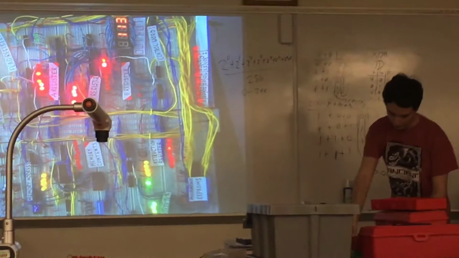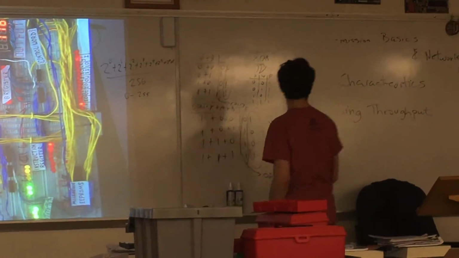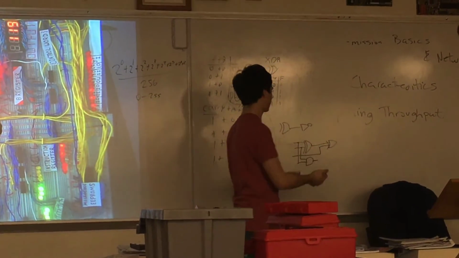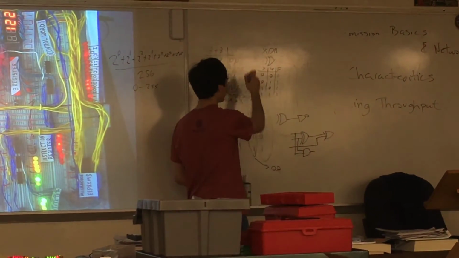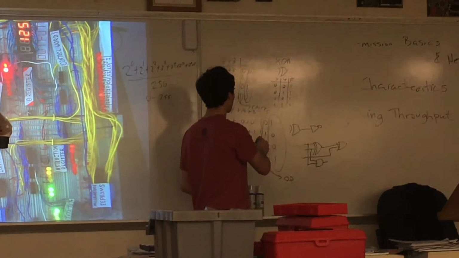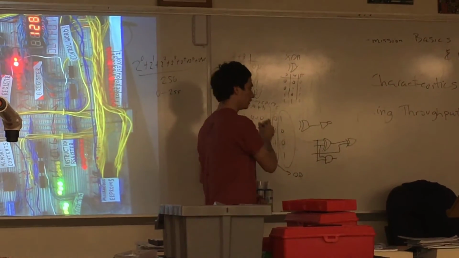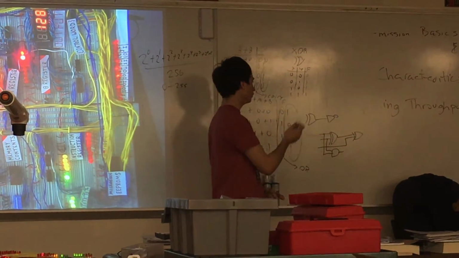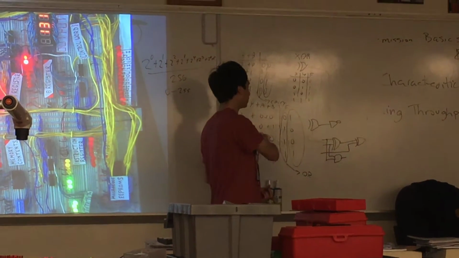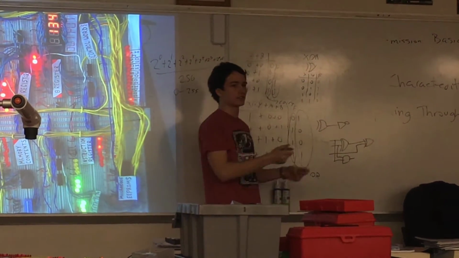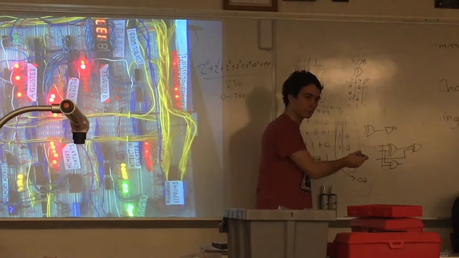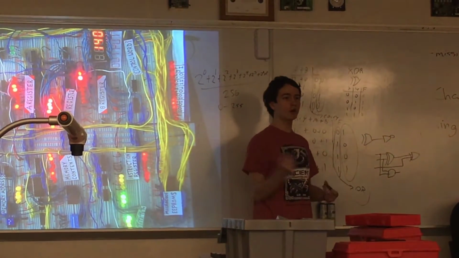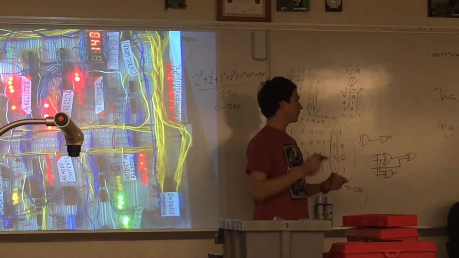I want to first finish, well actually I don't think I even have to finish this. This is not the full adder circuit. But this is something that I wanted to tell you. Like I said, logic gates can do Boolean algebra. And if you do the math in binary, you're going to get certain inputs and outputs. This is an input-output machine, and all logic gates are input-output machines.